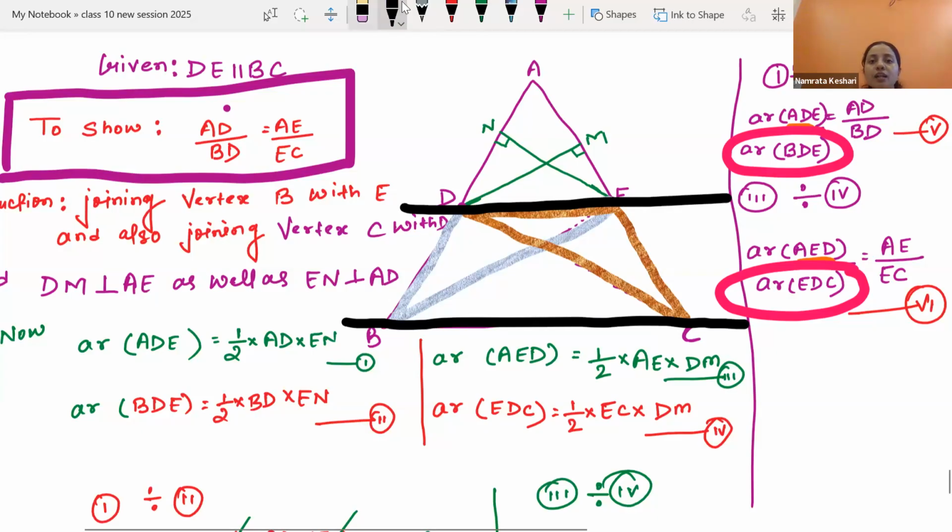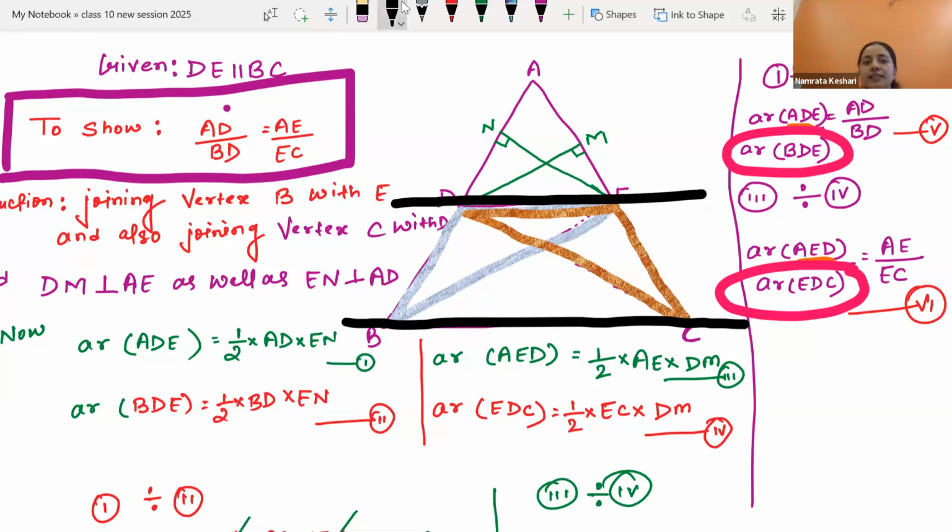While taking out the area of the silver triangle and the golden triangle, we are taking the base as DE, which is same in both the triangles.